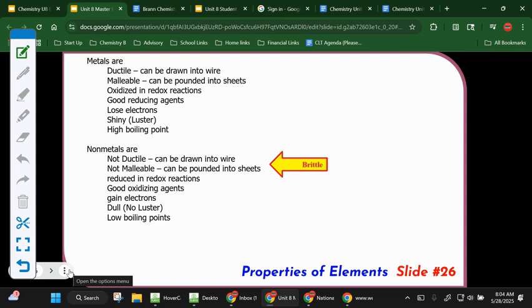They are brittle. Nonmetals get reduced in a redox reaction. Well, wait a minute. Oxidized means you lose electrons. What do you think reduced means? Go ahead, Elsa. You gain electrons. Thank you. It is the exact opposite. Metals are good reducing agents. Nonmetals are good oxidizing agents.